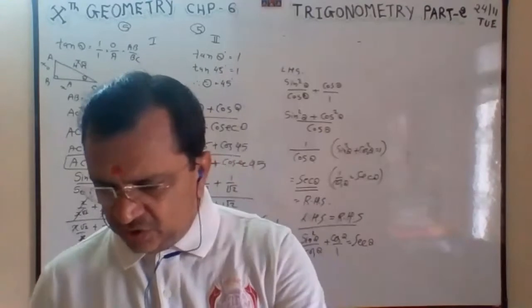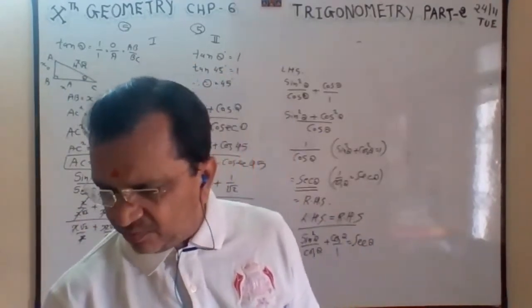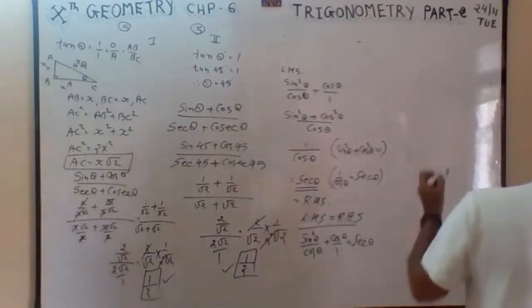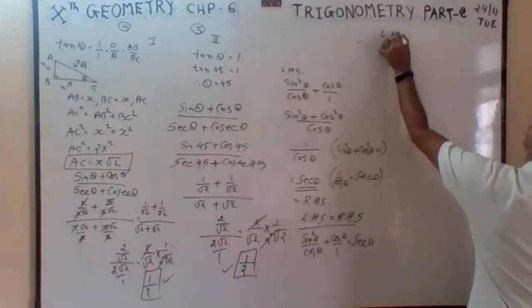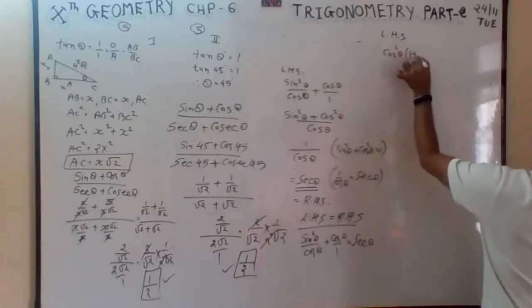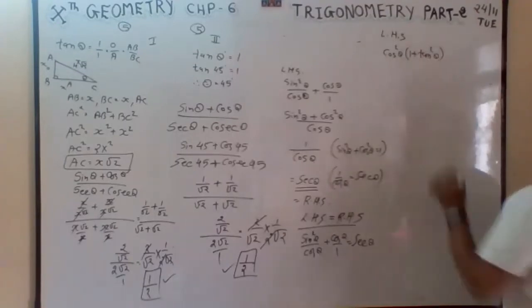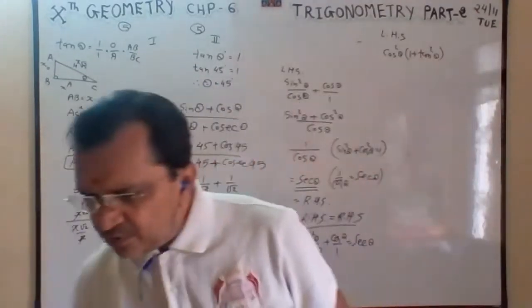Next one, cos square theta into 1 plus tan square theta. I will write just the left hand side. Cos square theta into 1 plus tan square theta, that we have to prove is 1.